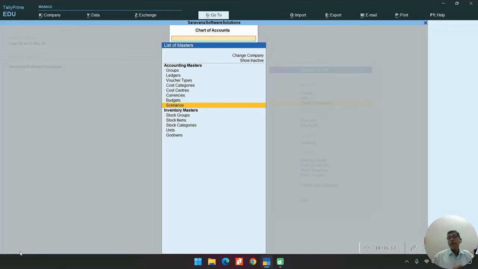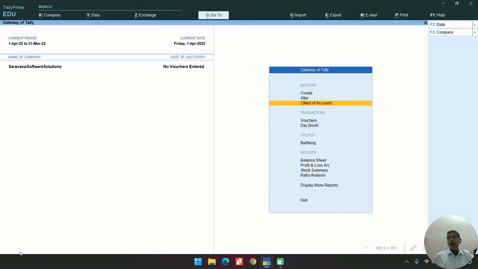The scenarios are mostly helpful for budget forecasting, the information, and prediction of money. So these are all the basics we have to understand under the heading of masters.